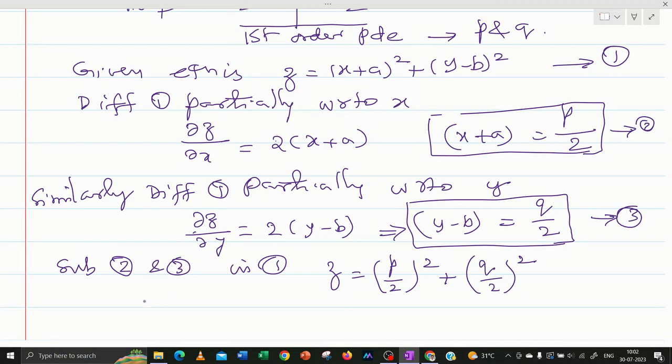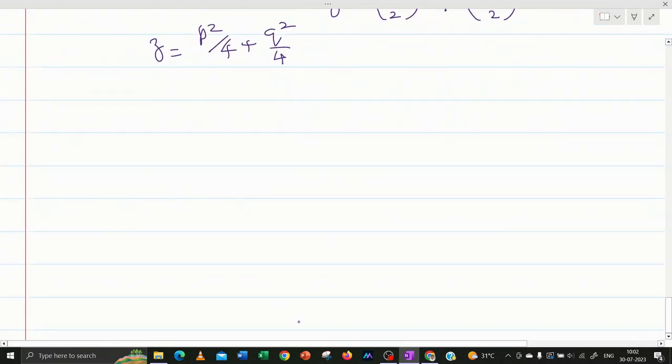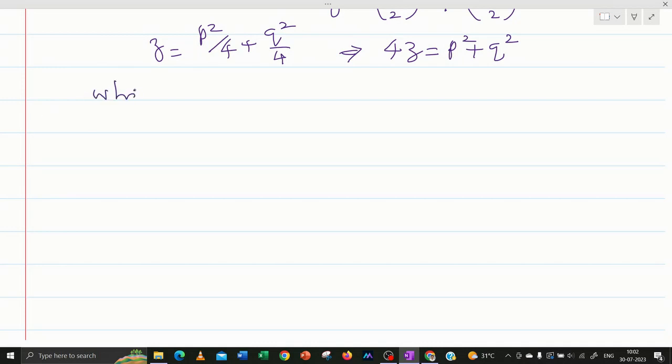What is the required PDE? z equal to p square by 4 plus q square by 4. Taking the LCM 4 and cross multiplying, 4z equal to p square plus q square, which is the required PDE.